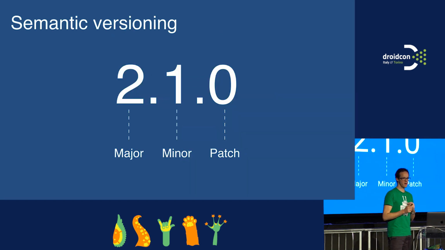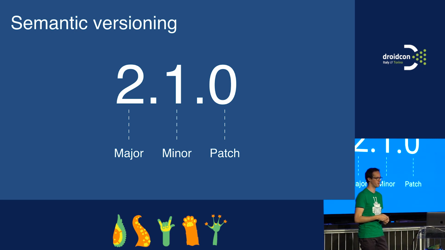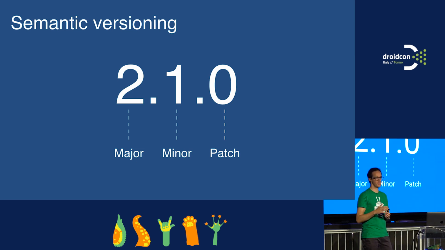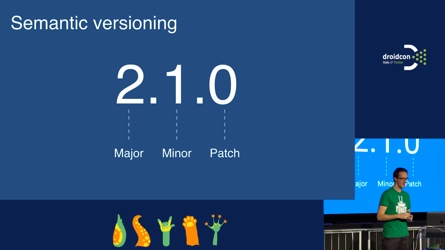Just a small diversion regarding versioning. Maybe you already know it, maybe not, but the use of three numbers separated by dots as a name when we are talking about software versioning is called semantic versioning. It's basically used to make a distinction between a small update and a big update. There are three numbers. The main one is the major one, and it is the one that you should use when you make big changes, adding very substantial features, or in the case of libraries, when you are making incompatible API changes.